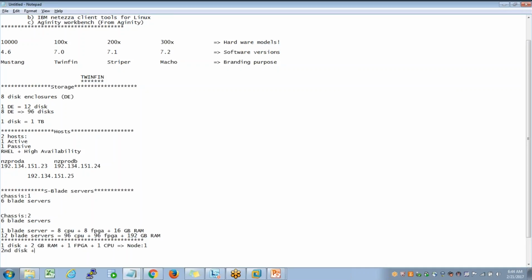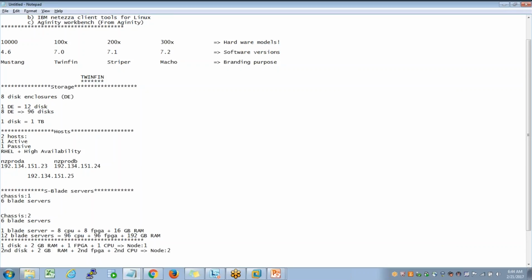For the second disk coming from the 96 disks here, it will have another 2 GB RAM and a second FPGA. It can be any FPGA. There is no physical bind.